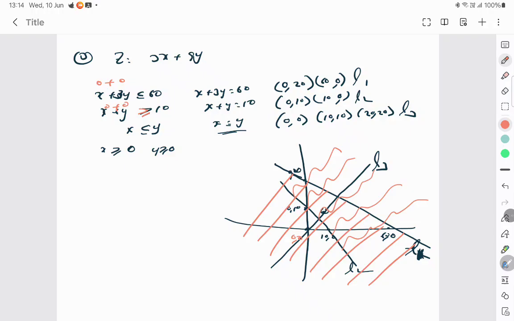So I know that for line 1 it's below, and for line 2 it's above. But I have to take the other one, x equal to y. The shading becomes very difficult for line 3 because it passes through the origin. So you have to think whether to shade the reverse side or the bank side of line 3. Take one example on the reverse side, like 0, 10, on the left side.